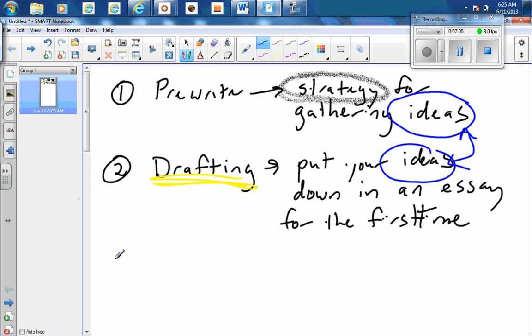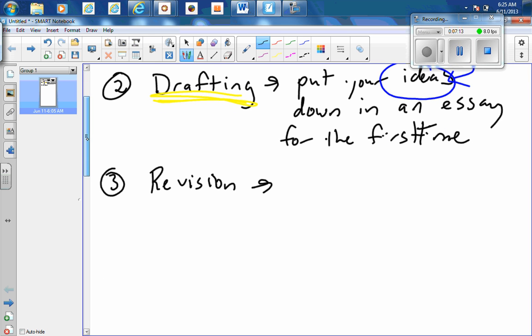Our third thing is revision. Now, revision is a step that's always skipped. That's when you refine. Refine the organization.